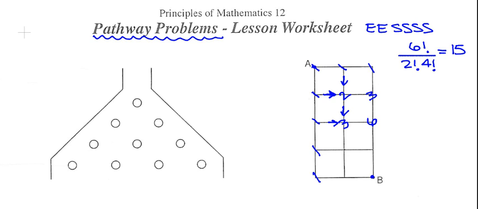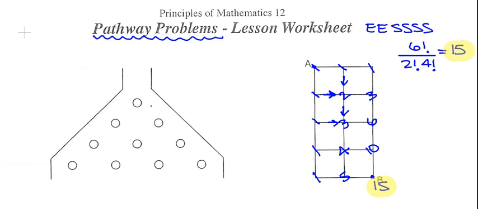This intersection will be found by adding 1 and 3. This one right here by adding 1 and 4. This one here by 4 and 6. And so the total number of ways of getting to B is adding up 5 and 10, which gives us 15. Notice that this 15 matches what we were able to find originally using a permutation.